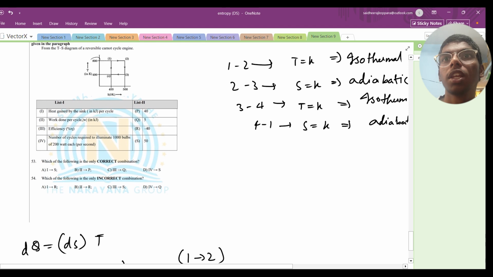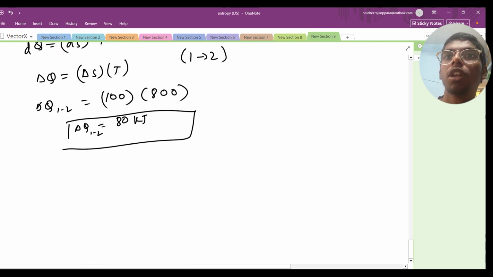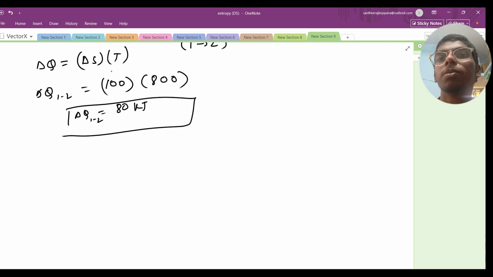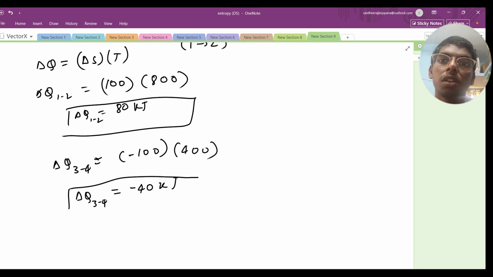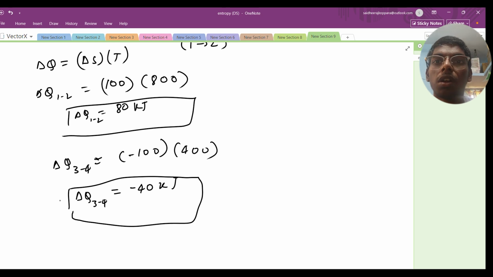Similarly from 3 to 4, it's minus 100 into 400, which is minus 40 kilojoule. That means it's basically the heat absorbed by the sink.